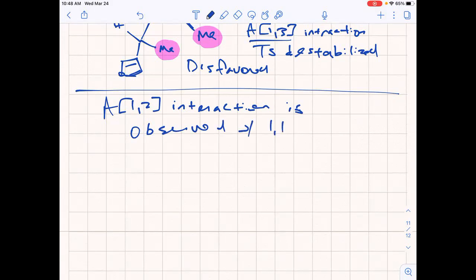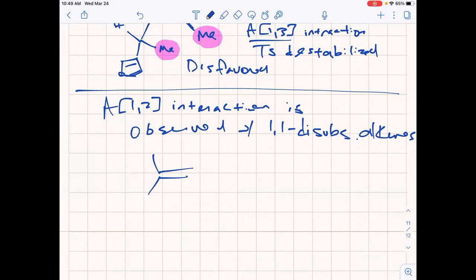So something like this is an example of a 1,1 disubstituted alkene.